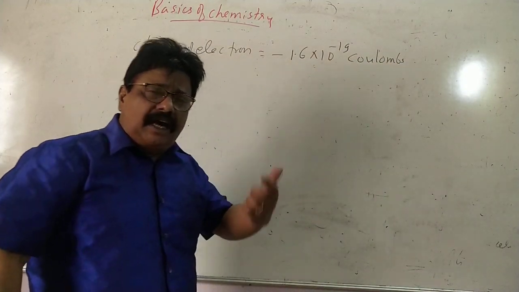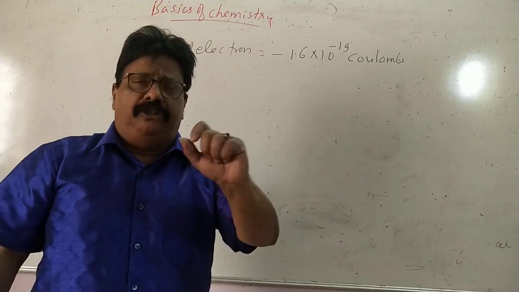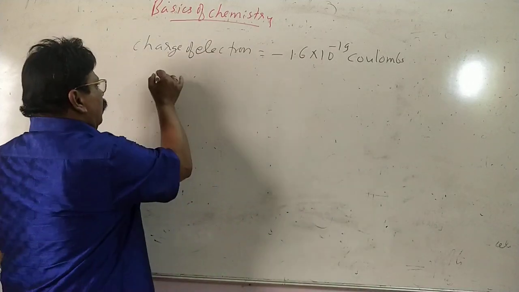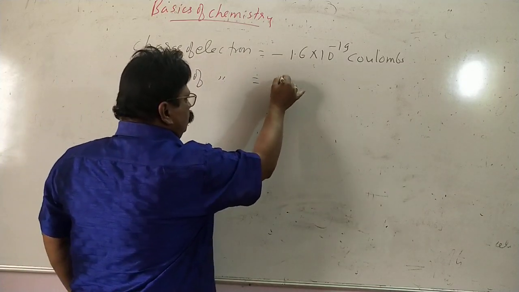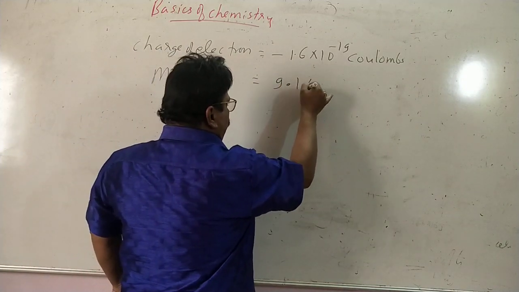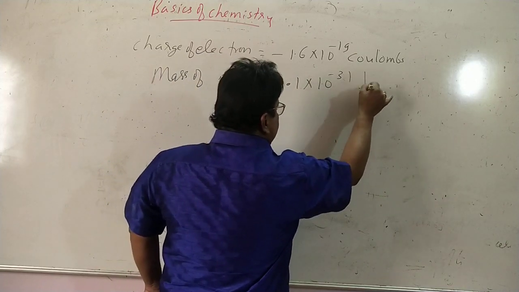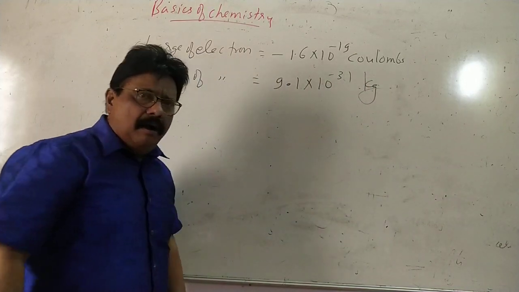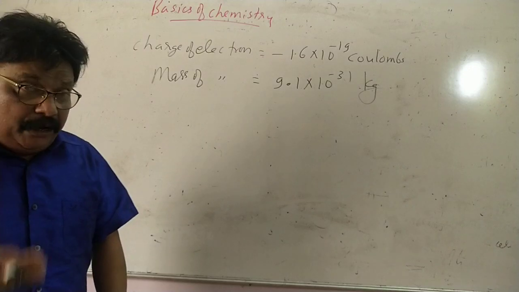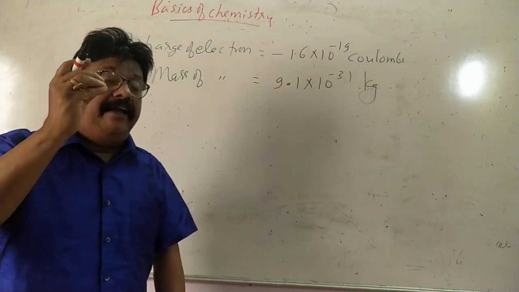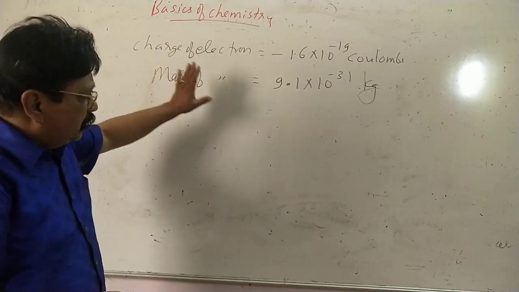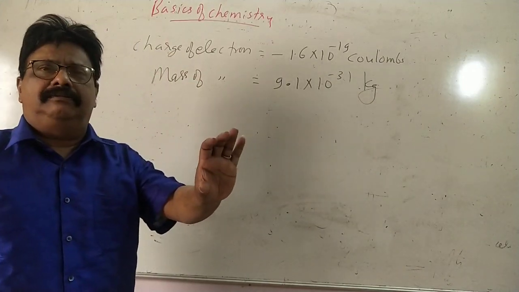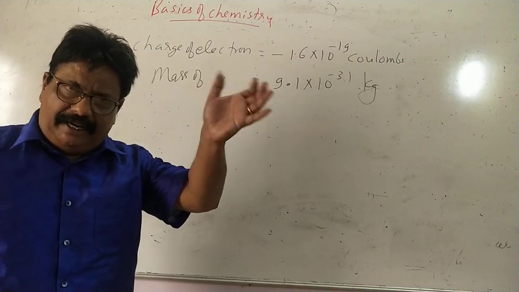If we take the charge of a proton, it is also the same, but positive. The mass of an electron is how much? 9.1 into 10 to the power minus 31 kilogram. The units are definitely to be used. The discovery of electrons I am not coming across now. That we will study later.